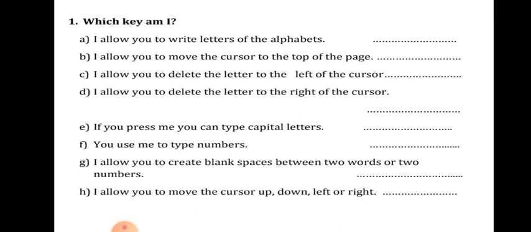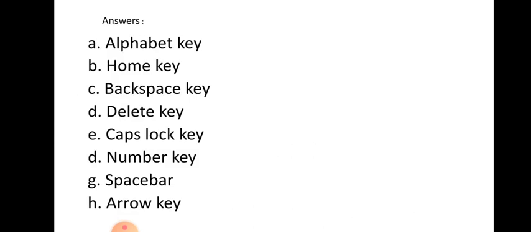You use me to type numbers. This is the number key. I allow you to create blank spaces between 2 words or 2 numbers. Of course, it is the space bar key. And I allow you to move the cursor up, down, left or right. And this is the arrow key.